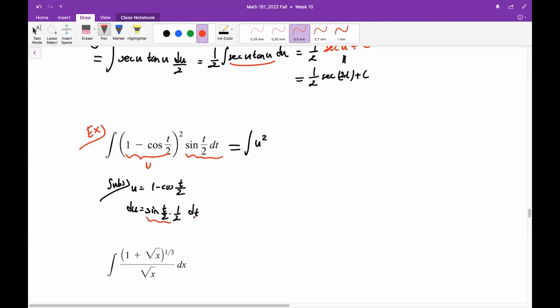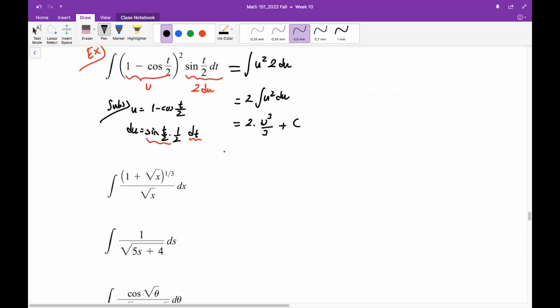You see it here, right? Sine t over 2 dt is in fact 2 times du. So it becomes simple to integrate: the integral of u squared du. What is the integral of u squared? Add 1 to the power, divide by the same power. Since this is an indefinite integral, I put my arbitrary constant c.